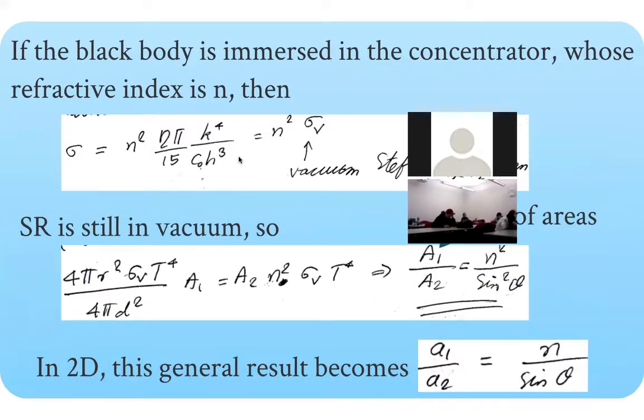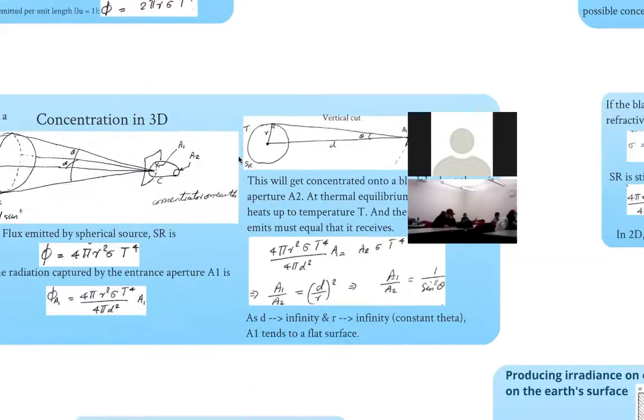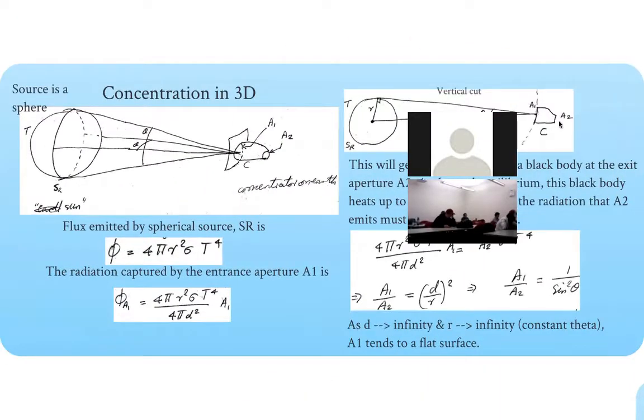Okay, so there's one other parameter that affects the concentration factor, which is the refractive index of the medium. So let me explain what that means. In this example that we looked at, the black body is placed in vacuum, or in air. Air and vacuum are the same for our purposes for now.